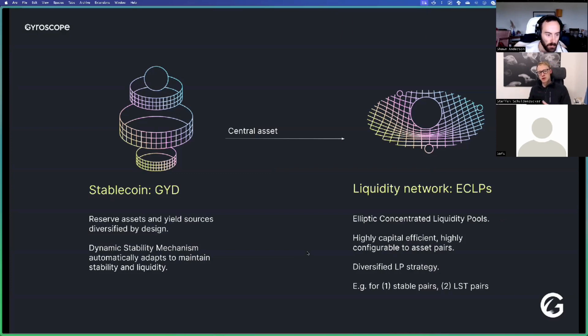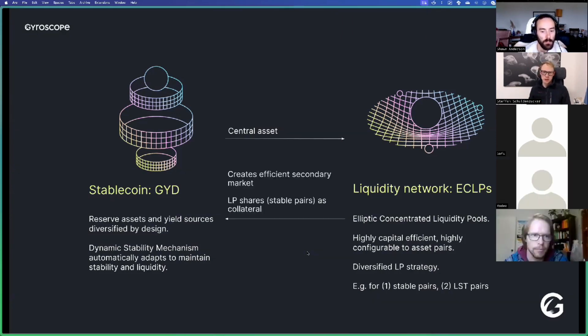First, what the stablecoin does is that it provides a central asset for the liquidity network to settle transactions. And what the liquidity network does for the stablecoin is it creates an efficient secondary market. And the LP share also serves as collateral for the stablecoin. Of course, not LP shares of the secondary market of the stablecoin against itself. That would be a bit recursive.